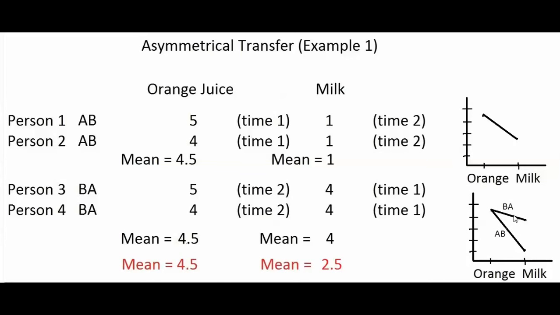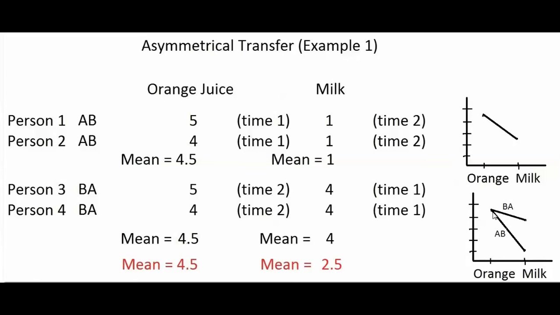This BA line is connecting the mean of orange juice at time 2 with the mean of milk at time 1. It's connecting the two means of 4.5 and 4, which isn't very much of a drop-off. It's only going down by 0.5. So the two lines are not parallel, and we have an interaction. We have an interaction between the independent variable, which is type of drink, and the order of conditions.